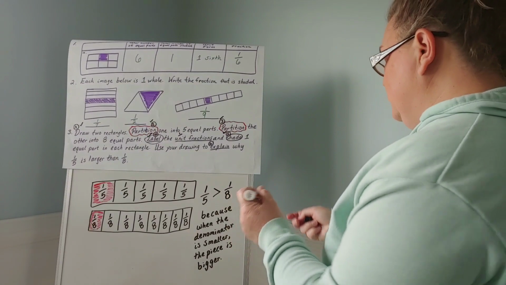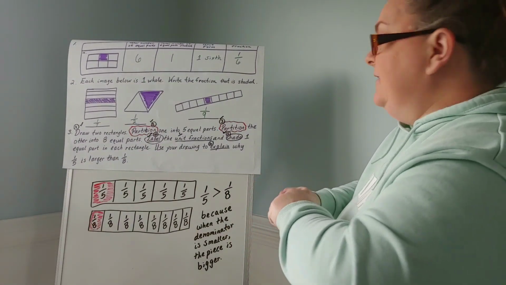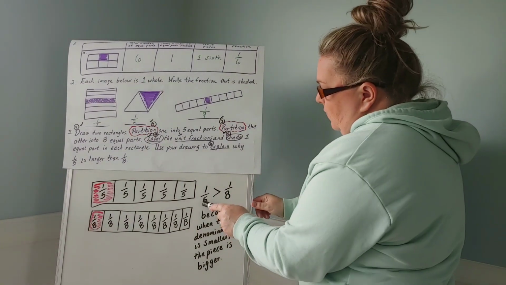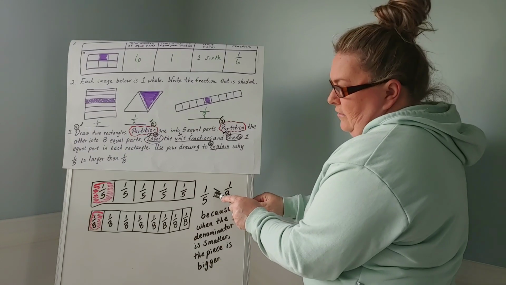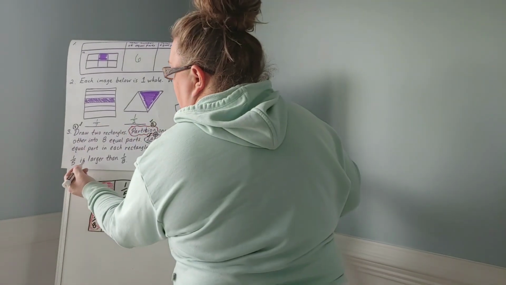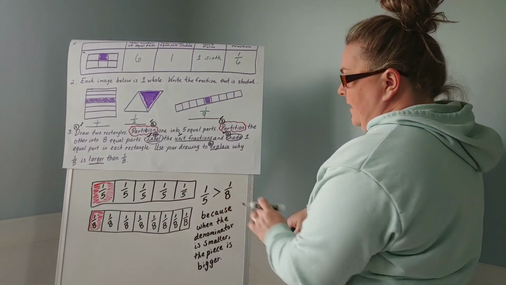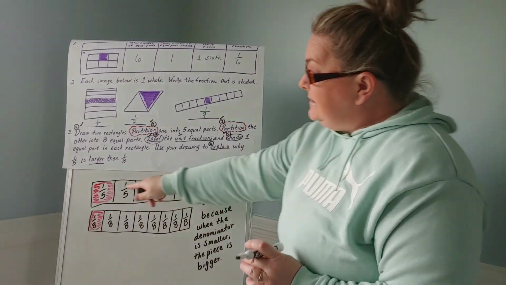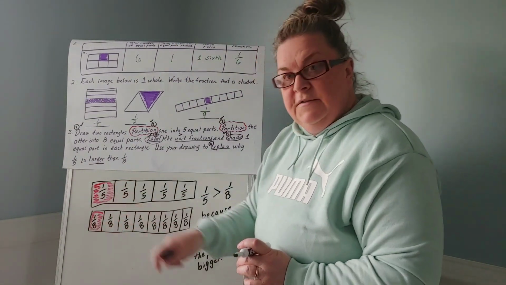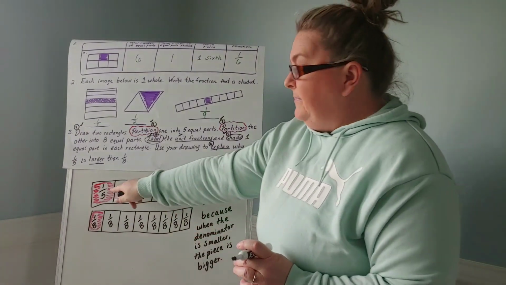Okay, so I'm a good math student, so I'm going to reread what I wrote and make sure I did everything I needed to do. So I have 1/5 is bigger or greater, and I did say that, larger than 1/8, because when the denominator is smaller, right, 5 is smaller than 8, that piece is bigger.